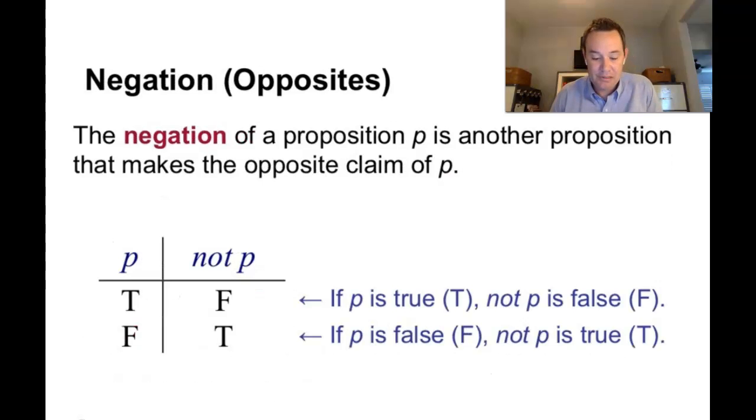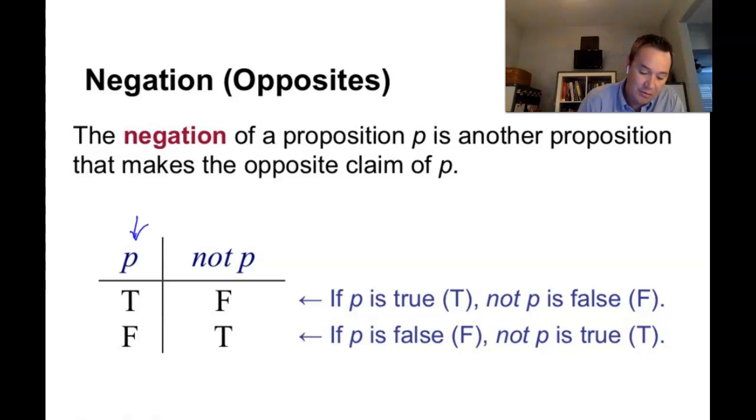So here's a very simple example of a truth table. And the first operator we're using is called the negation. And so negation gives a proposition the opposite truth value of its original value. So we usually use letters to represent propositions. Sometimes we'll actually write them out in complete sentences.